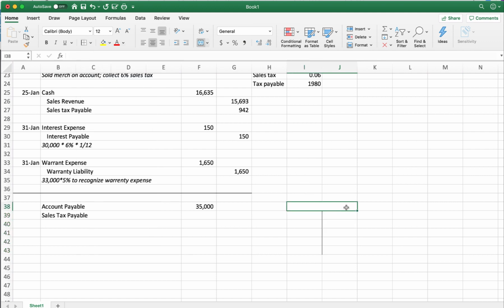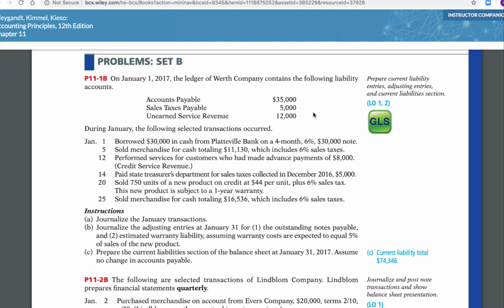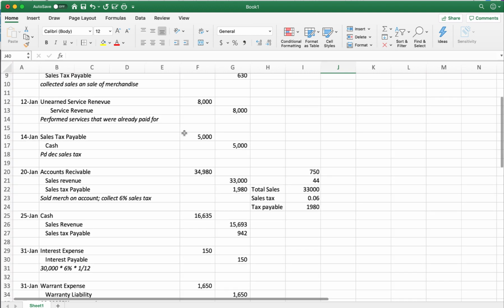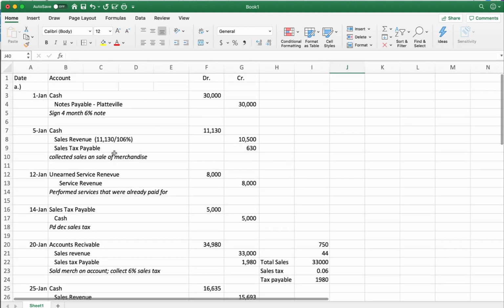So we have sales tax payable, and we started off with a credit of $5,000. Okay, that's the beginning balance we had as of 1/1/2017. So now I'm going to go through my journal entries and ask, okay, did I hit sales tax? Yep, sales tax payable.